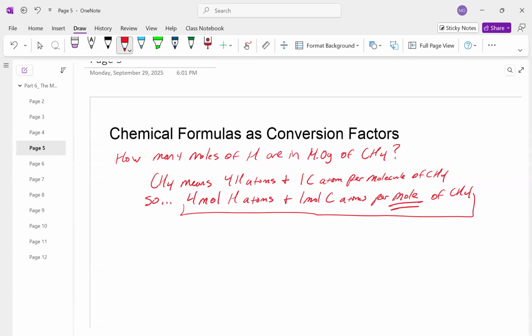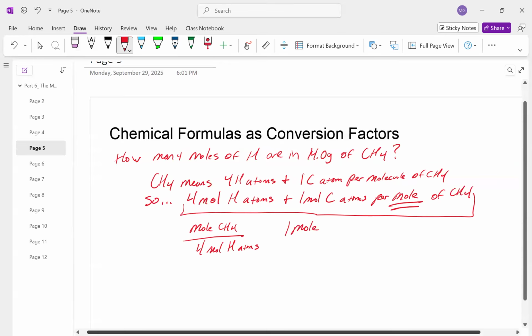I could say that for every mole of CH4, I have 4 moles of hydrogen atoms. Or I could say the same thing for carbon. For every mole of CH4, I have 1 mole of carbon atoms.